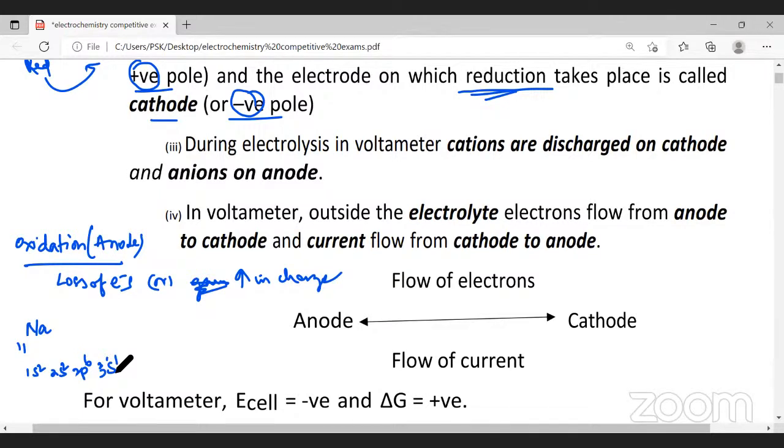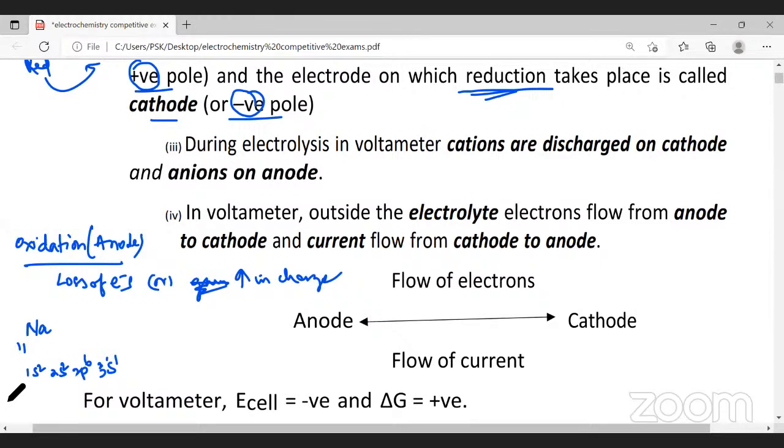Now tell me, which is the outermost orbit here? 3 is the outermost orbit. You have the first orbit, second orbit, and third orbit. In the third orbit, how many electrons do you have?